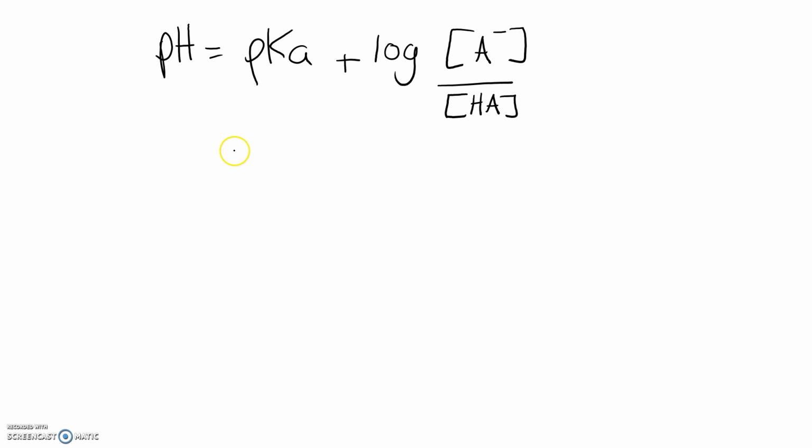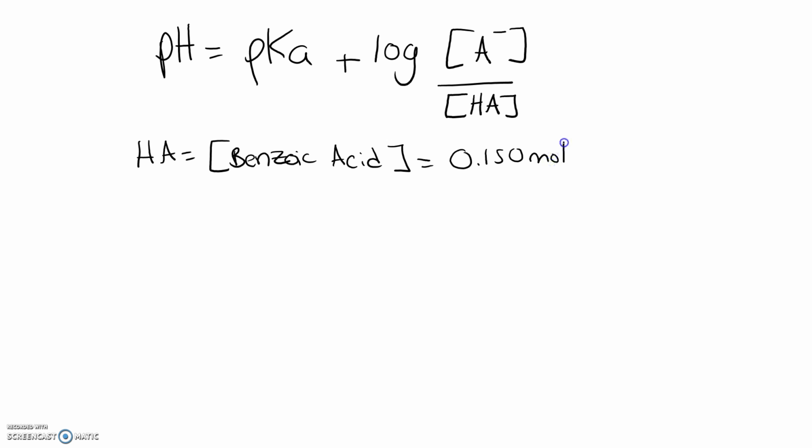So in this case with the benzoic acid, the HA is going to be equal to the concentration of benzoic acid that they give you, which in this case is 0.150 moles in 1.00 liters, which is equal to 0.150 molar, or moles per liter.